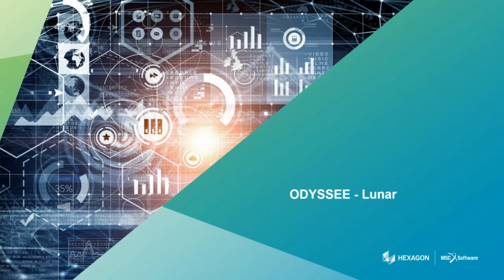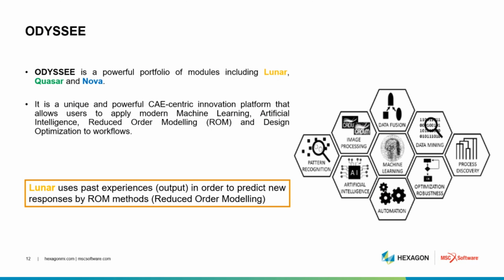After this introduction, let me introduce the platform today. This is Lunar. It is a powerful portfolio including 3 different software: Lunar, COSAR, and Nova. This platform is a CAE-centric innovation platform that applies modern machine learning, artificial intelligence, reduced order modeling, and also design optimization.